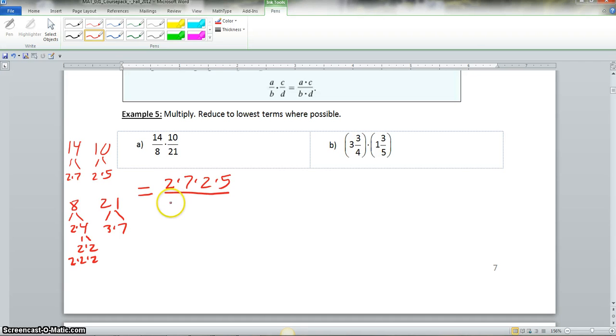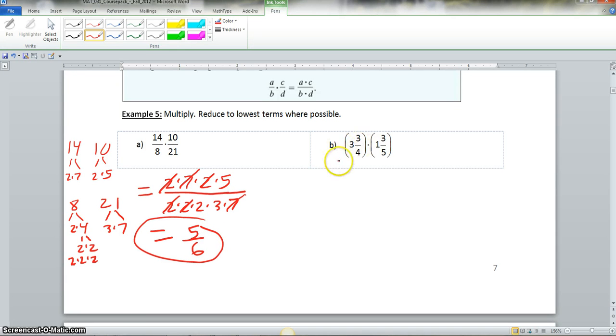So we will have 3 2's, a 3 and a 7. And now we can simplify. These 2's will simplify out. This 7 and this 7 will simplify out. And these 2 2's will simplify out. And we will be left with 5 over 6.